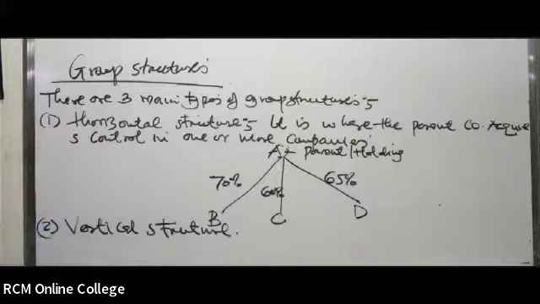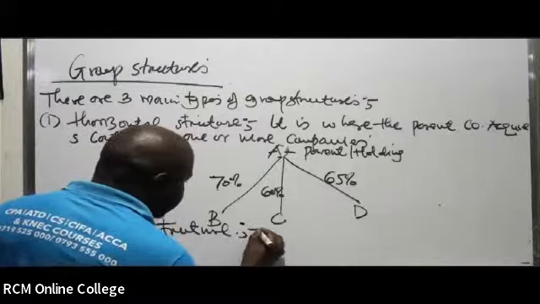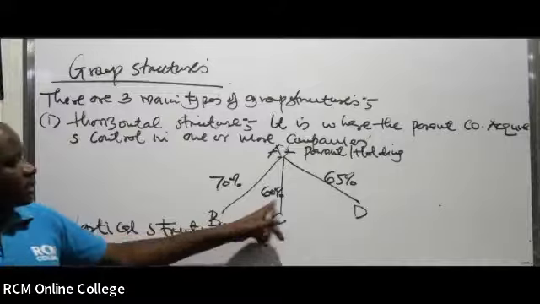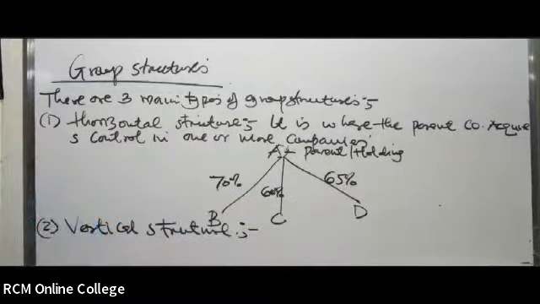Then you can have a vertical structure. You can write this about a vertical structure. This one is 70%, 60%, 65%.